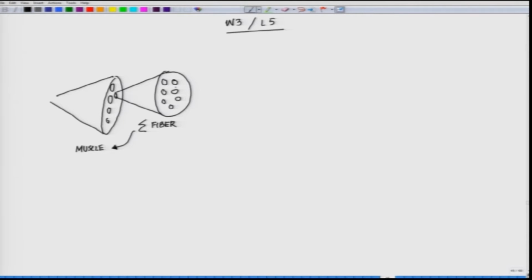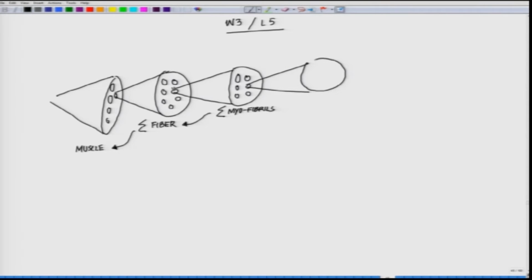From there we pick up another smaller unit, which is the myofibrils. Myo means muscle and fibrils, myofibrils making fiber, fine.